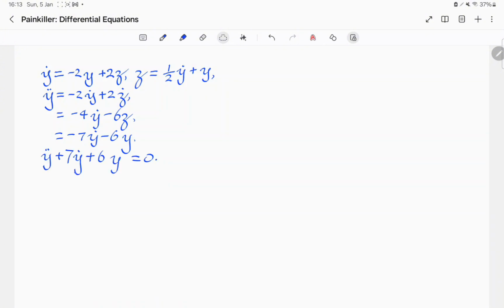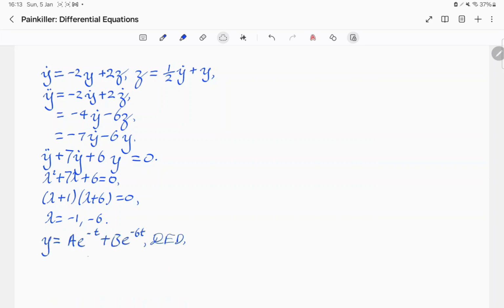Therefore, we have that y double dot plus 7y dot plus 6y is equal to 0, and the auxiliary equation is lambda squared plus 7 lambda plus 6 is equal to 0. Solving this gives lambda equals negative 1 or negative 6, and therefore y is equal to a e to the negative t plus b e to the negative 6t as required.